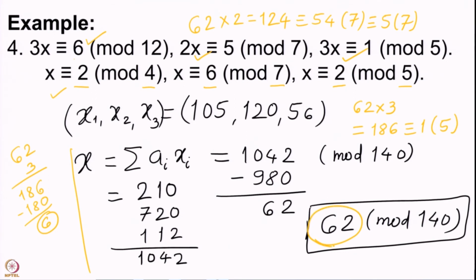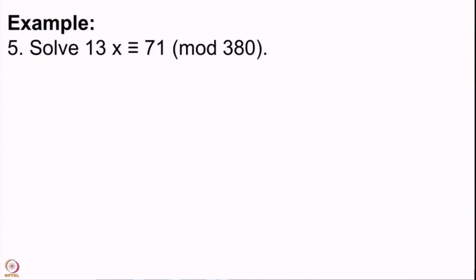Time permitting, we will have one more problem and then we will go and see some of the more complicated problems. So, the next problem I want you to think about is this problem. Here we have a single congruence. We do not have a system of simultaneous congruences, but a single linear congruence 13x congruent to 71 modulo 380.